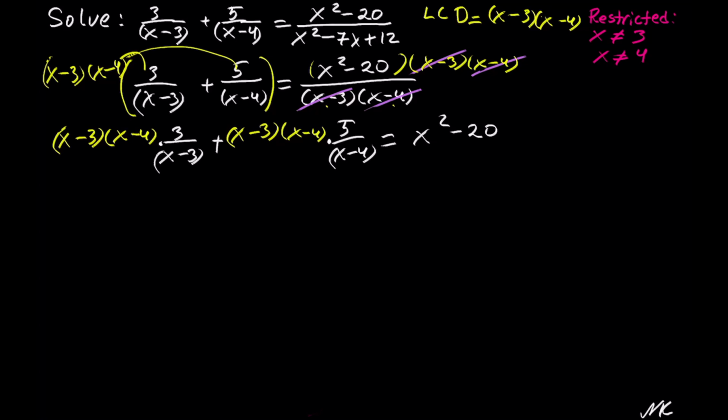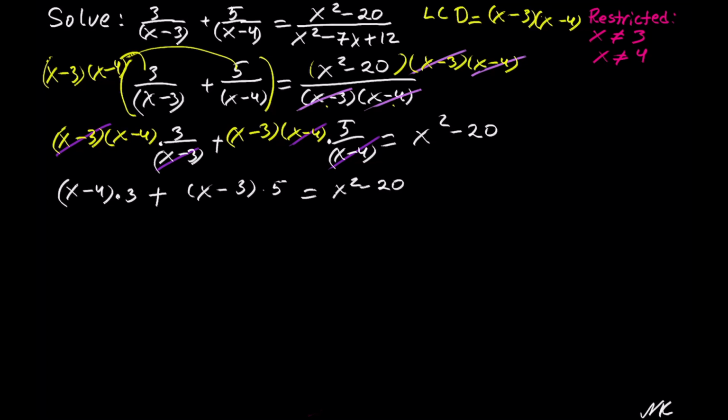On the left we have x minus 3 times x minus 4 times 3 over x minus 3. X minus 3 divided by x minus 3 cancel out, and we get x minus 4 times 3 left over, plus x minus 3 times x minus 4 times 5 over x minus 4. X minus 4 divided by x minus 4 cancel out, and we get x minus 3 times 5 is equal to x squared minus 20.